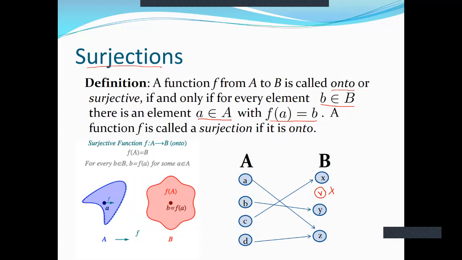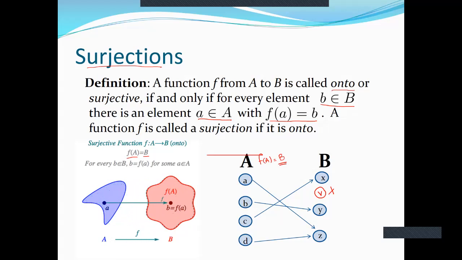Clearly you can see the range of A is the complete codomain B. So the range of A is B, the whole set B, the whole codomain.